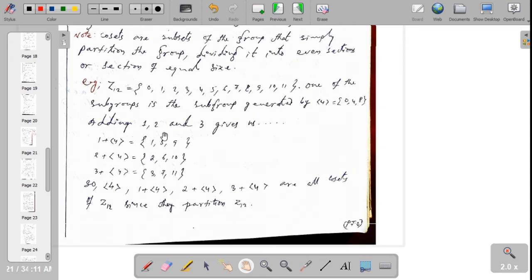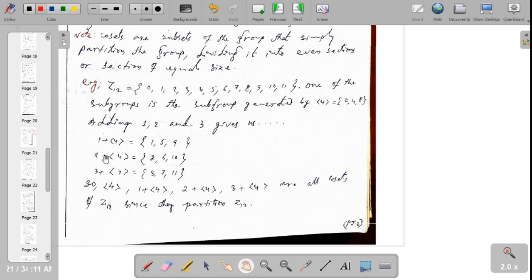Adding 1, 2, and 3 to the elements of this subgroup gives us, for 1, you add 1 to every element of this set. So 1 plus 0 is 1, 1 plus 4 is 5, 1 plus 8 is 9.